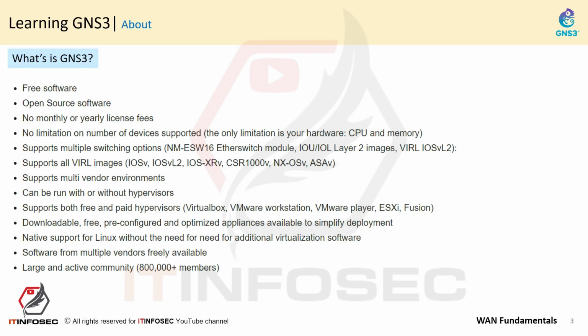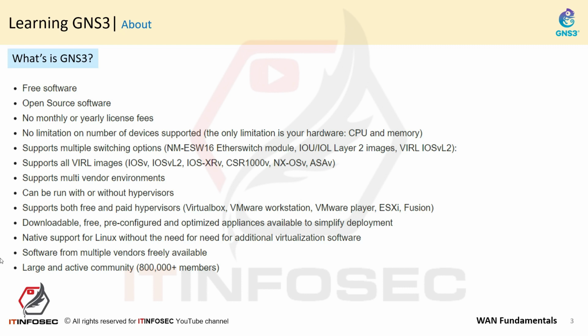With VIRL, there are many advantages. For example, it's an official Cisco image. It runs on most computers. It has flexible installation options: it can be installed on VMware ESXi, VMware Workstation Pro or Workstation Player in any operating system. And it has automated configuration. It can assign IP addresses to the nodes automatically when they launch and boot. There is also community support by developers and others.